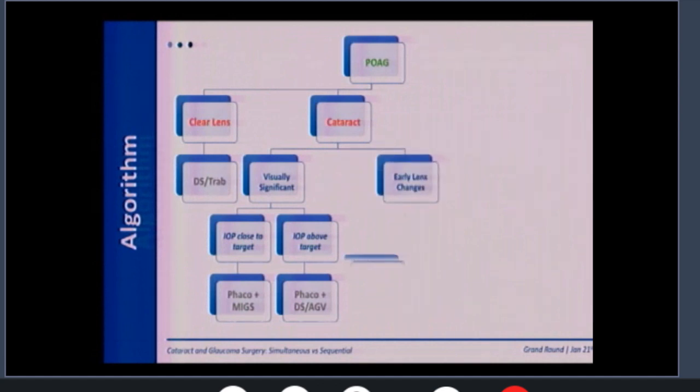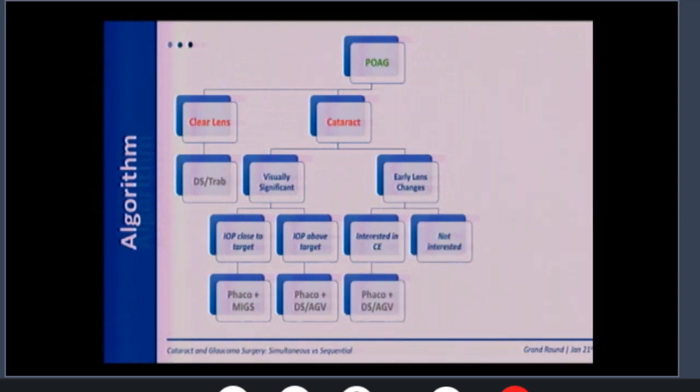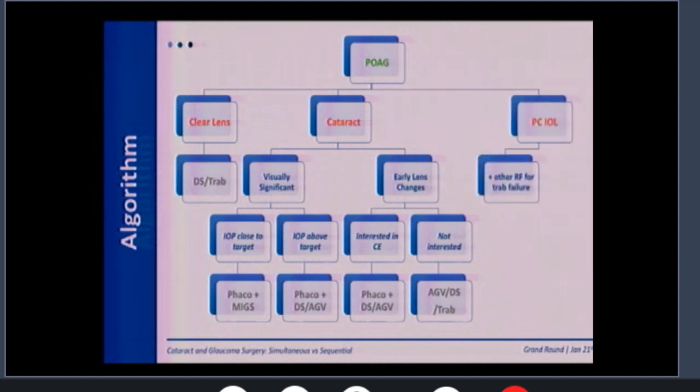If there are early lens changes, some patients would be interested in phaco, so I would do that combined with the glaucoma surgery. If the patient is not interested, a standalone glaucoma procedure can be done, especially if the patient doesn't have risk factors of cataract progression. If the patient is pseudophakic, I would still do a TRAB, although the success is a bit less, if the patient doesn't have any other risk factors for TRAB failure. If the patient has risk factors of TRAB failure, I would choose an implant.